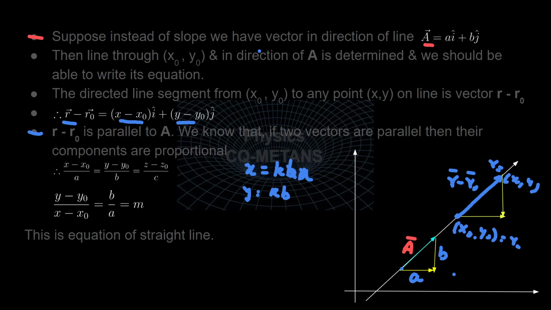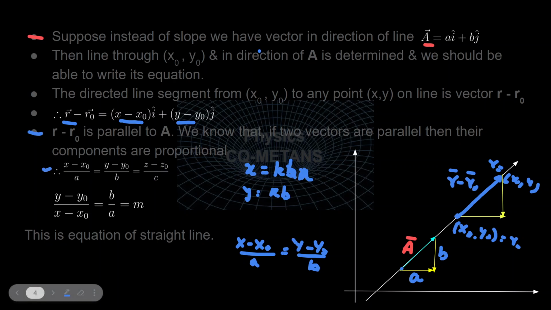Now this is for two dimensions, so I can write x minus x naught divided by a equal to y minus y naught divided by b. If I want to incorporate this in three dimensions, I will write z minus z naught divided by c. This is how we end up with this equation.